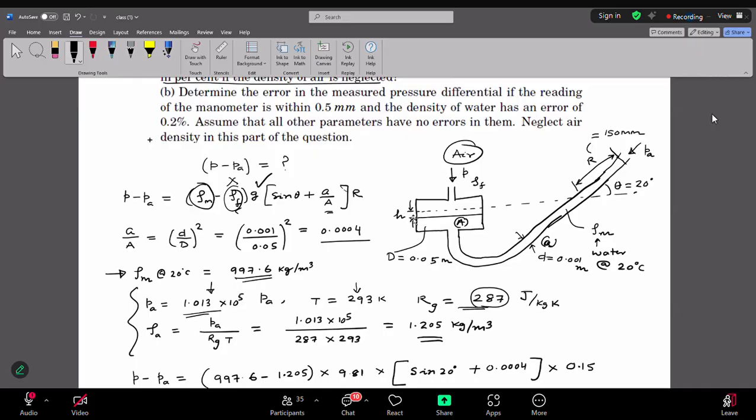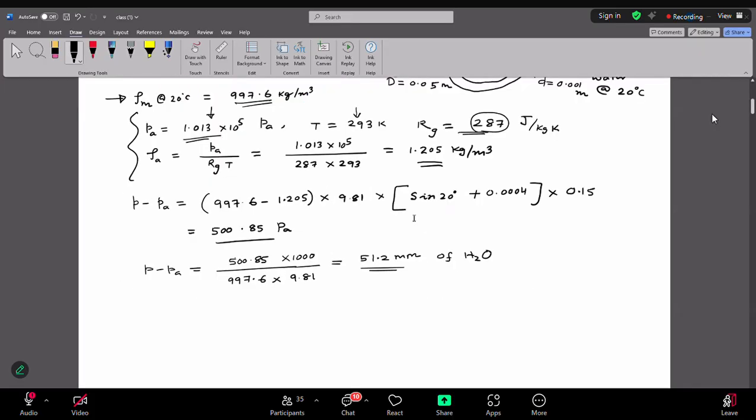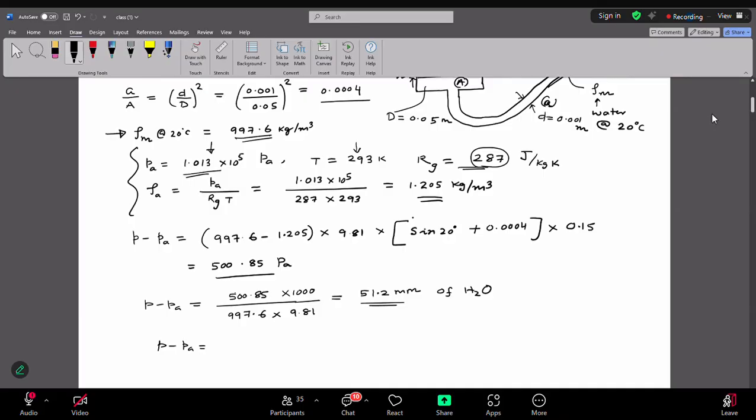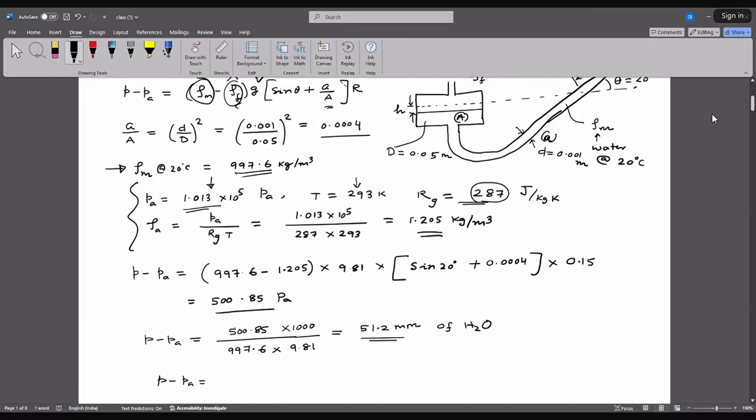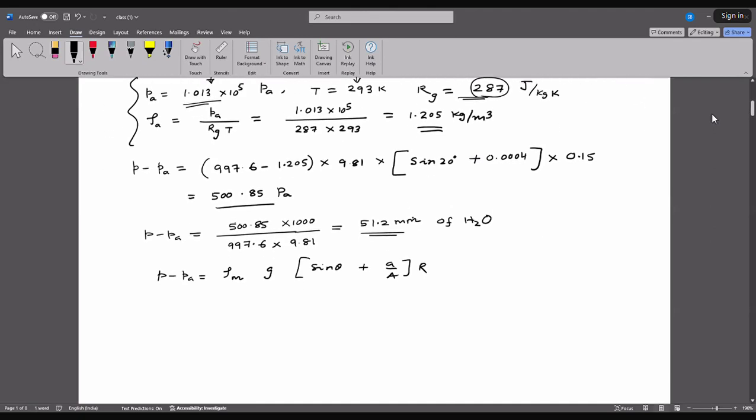So you can just write P minus PA as rho m g (sine theta plus A by A into R), neglecting the air density.